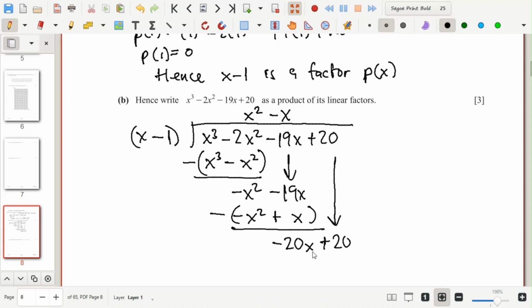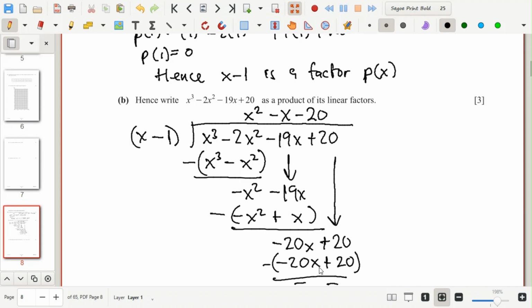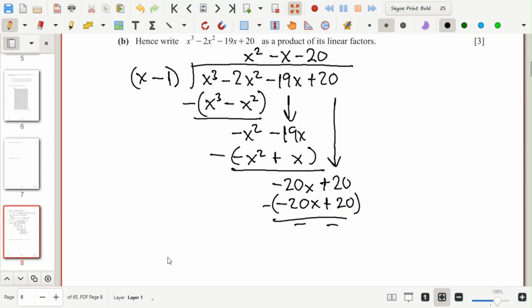Negative 20x divided by x will give you negative 20. So if you expand, you get this. Okay, so you should have a little knowledge of cubic functions.